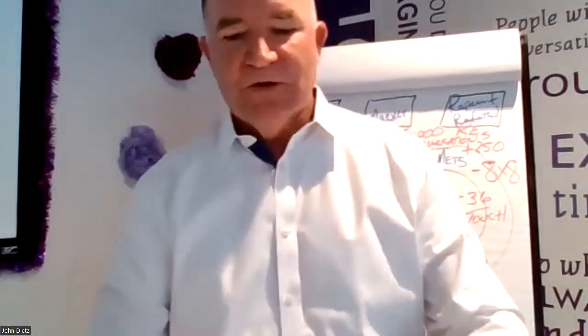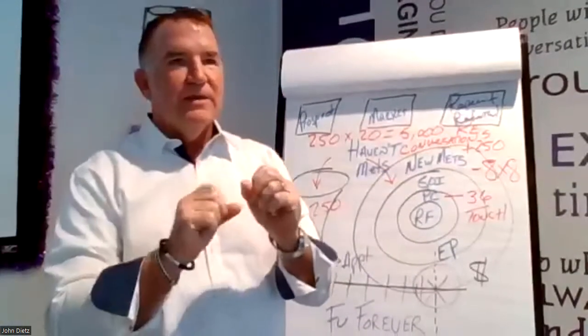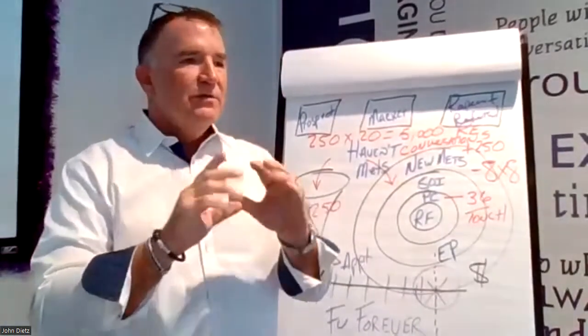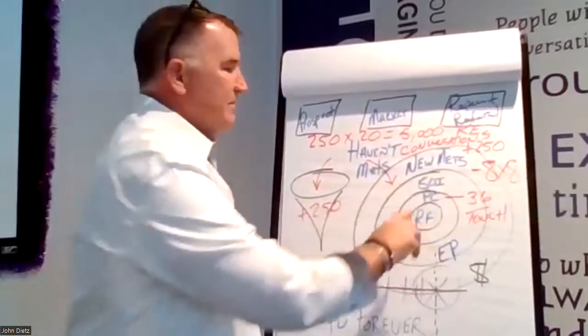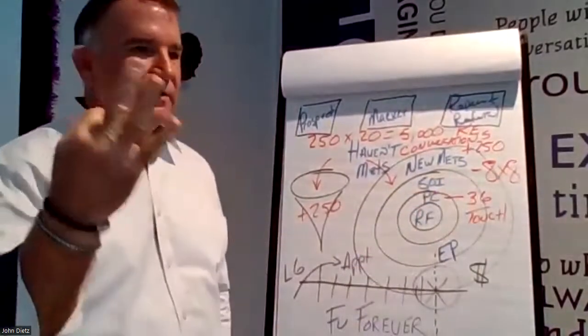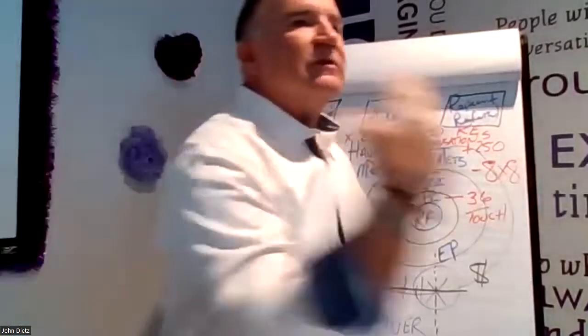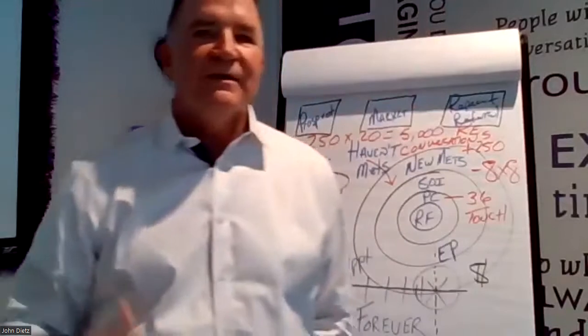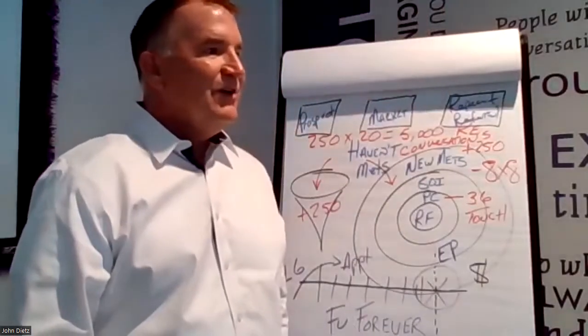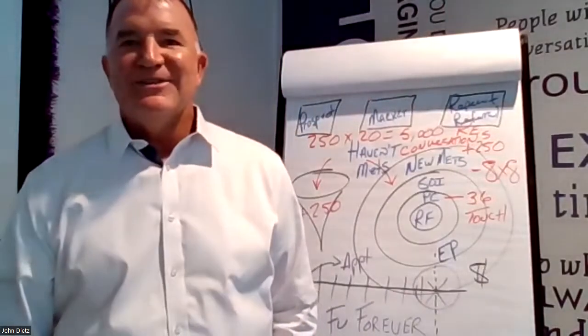Now, Victoria, what's so cool about this, and I learned this from Brian Buffini many, many years ago, is that when you do this consistently over time, Diane is part of my sphere of influence, and I'm on year 2, year 3, year 4, and I'm calling her 3 times a year, and I'm ending every conversation with, by the way, who do you know that's thinking of buying or selling a home?